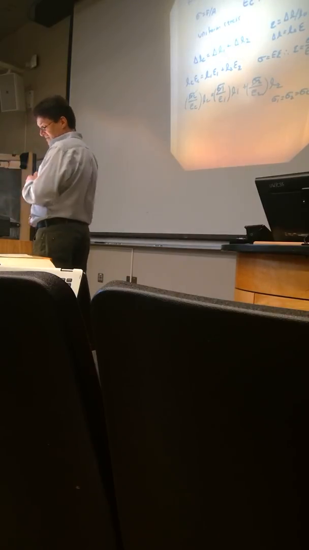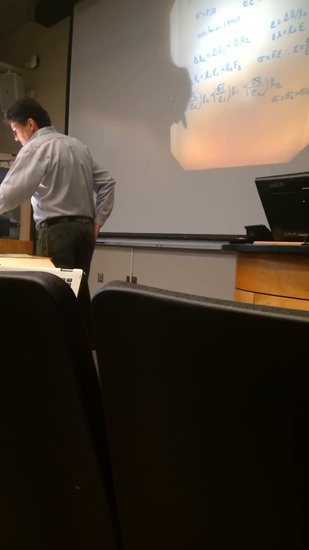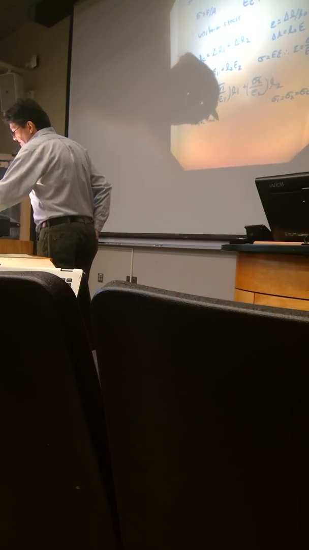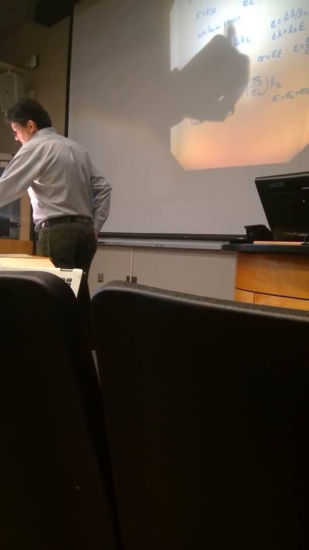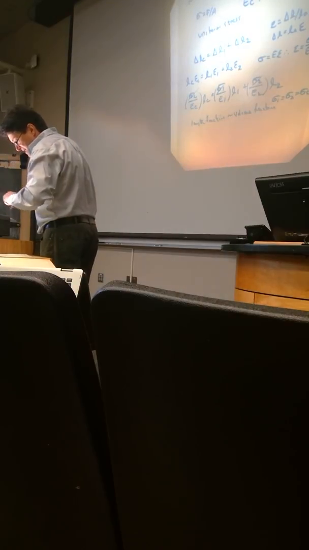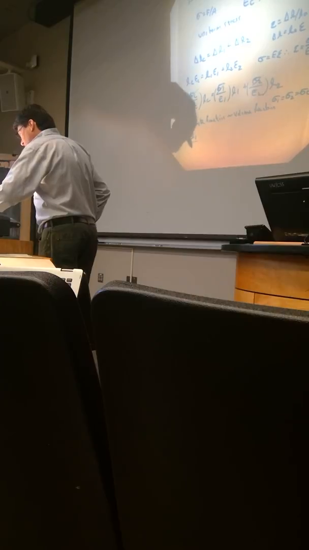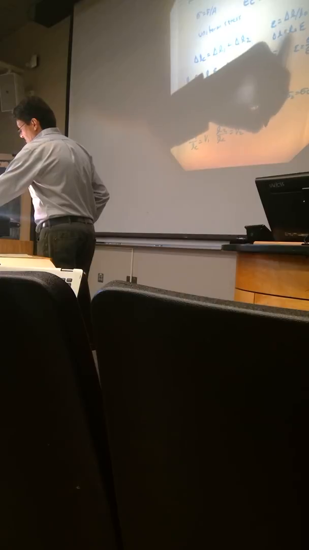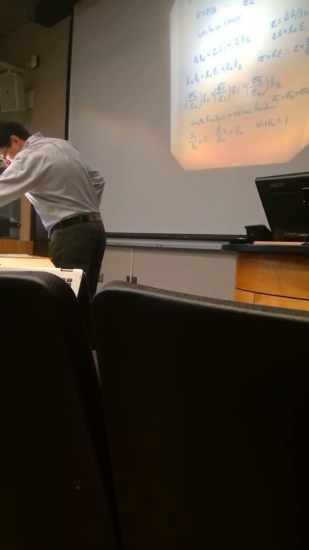And similarly to area fractions, we know that length fractions are proportional to volume fractions. So if you take L1 over LC equal to the volume fraction of 1, L2 over LC equal to volume fraction of 2, and of course V1 plus V2 is equal to 1.